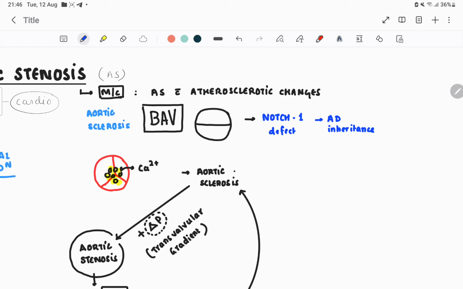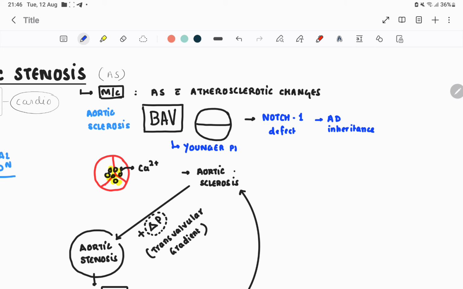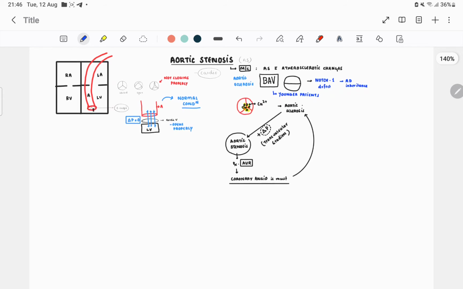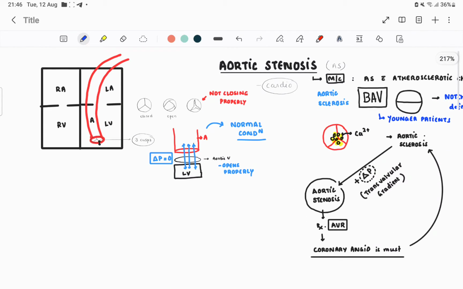So this is commonly seen in younger patients. Okay, so this is about a gross introduction of aortic stenosis.